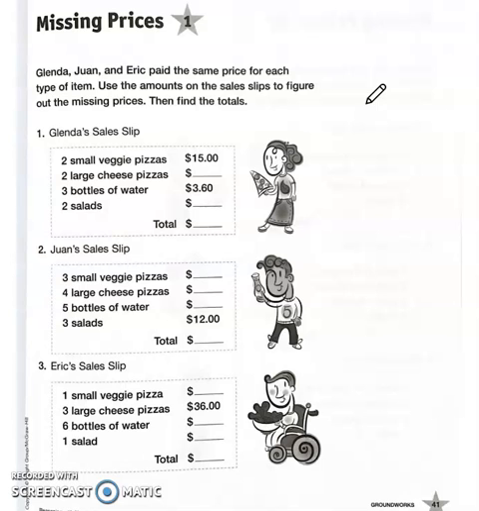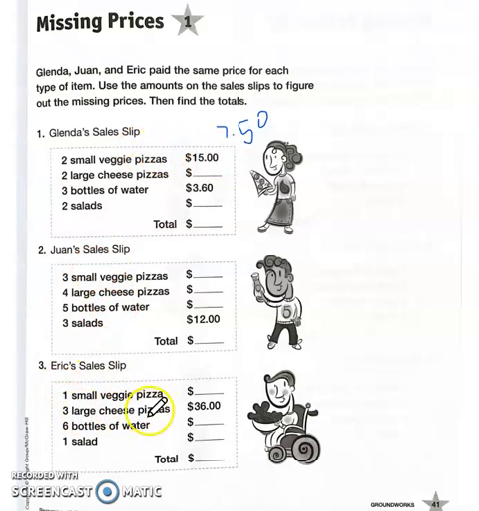If it was 7, you double 7, that'd be 14. If you had 8 and you doubled 8, that'd be 16. So 15 is going to be right in between those two. Right in between 7 and 8, that should be $7.50 for each small veggie pizza.